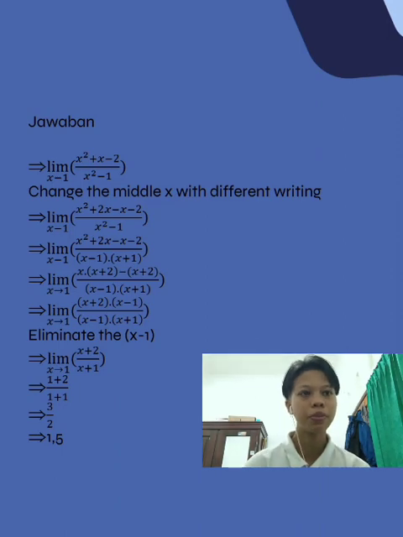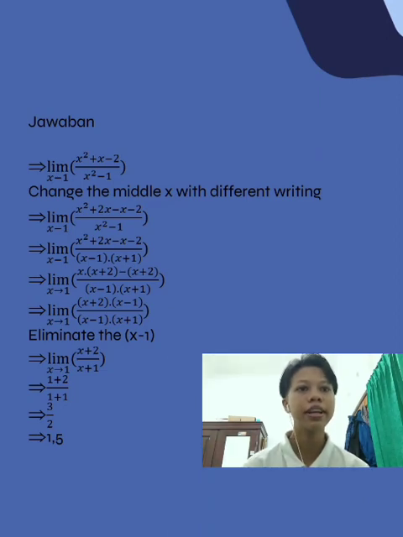Then break down x squared minus 1, becoming the limit as x goes to 1 of (x squared plus 2x minus x minus 2) over (x minus 1) times (x plus 1). And then break down the numerator into x times (x plus 2) minus (x plus 2), over (x minus 1) times (x plus 1).